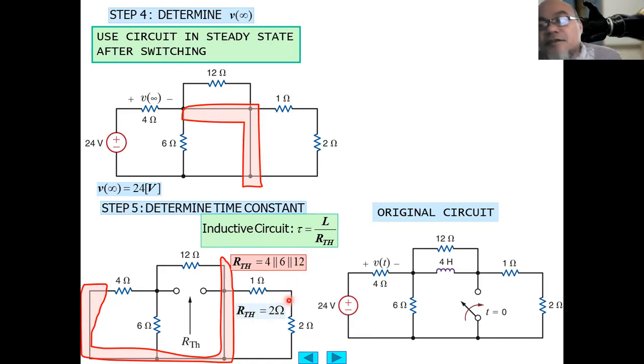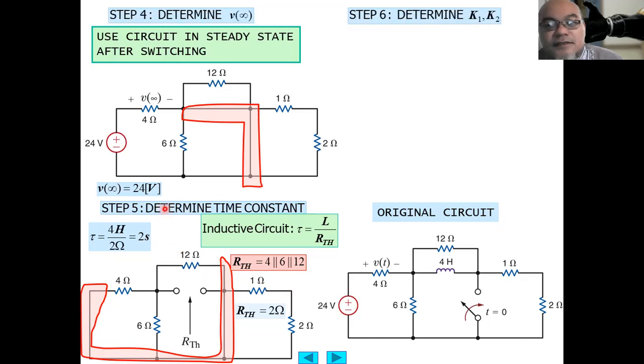So RTH equals 12 divided by 6, equals 2 ohm. The inductance is 4 Henry. The tau will be L over RTH, 4 Henry divided by 2 ohm, equals 2 seconds.